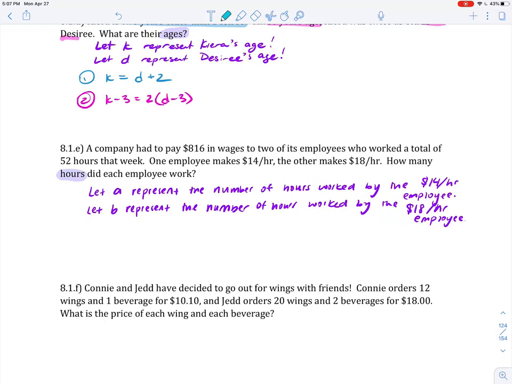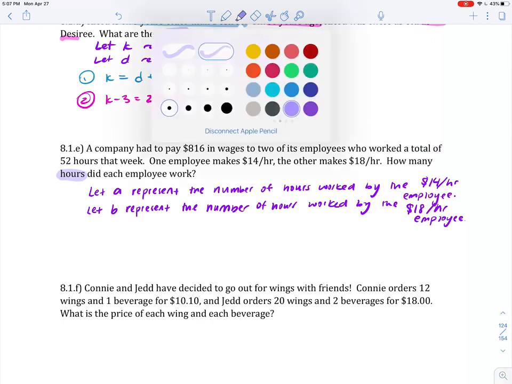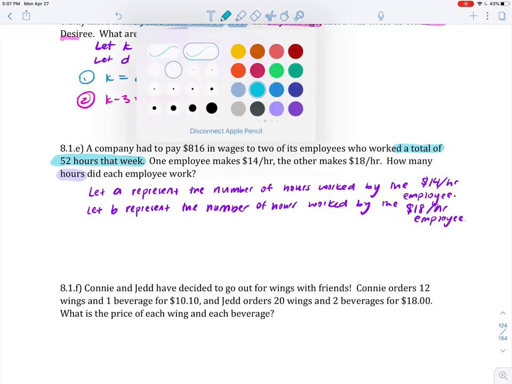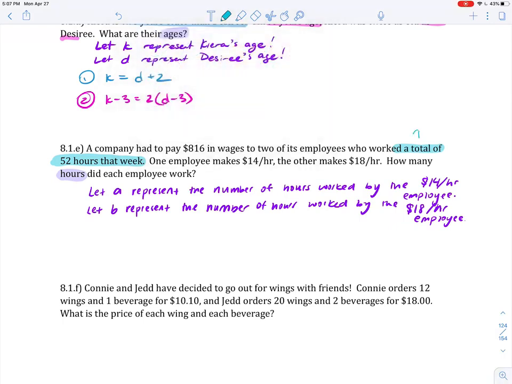The first thing that sticks out is that the wages should probably go together, all of the stuff that is money related. And the other value that's given to us is a total of 52 hours a week worked by those 2 employees.